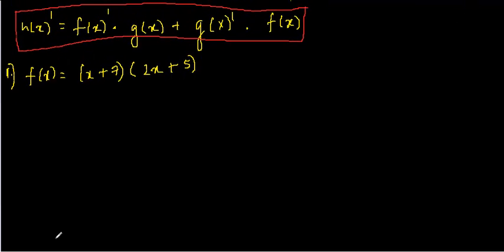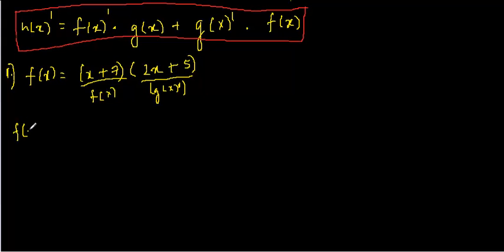So we have h prime of x, we have f of x. Just following this pattern, let's say this is f of x, and let's say this is g of x. Now just match this to that, that to this, and then you're done.